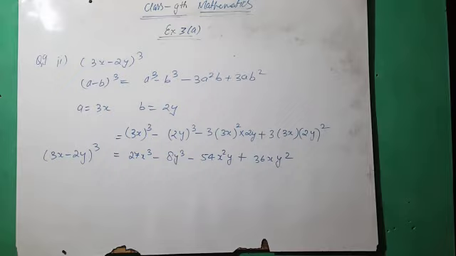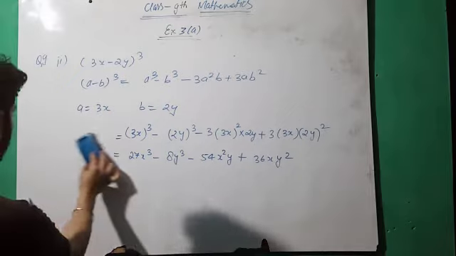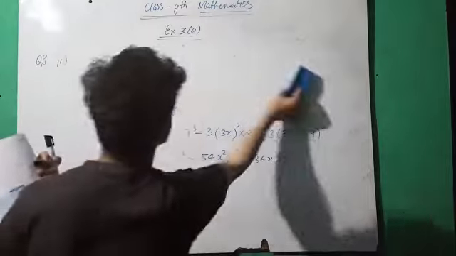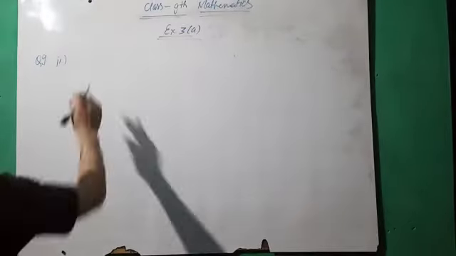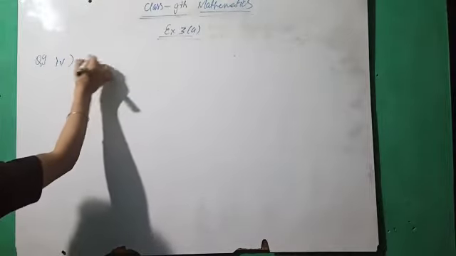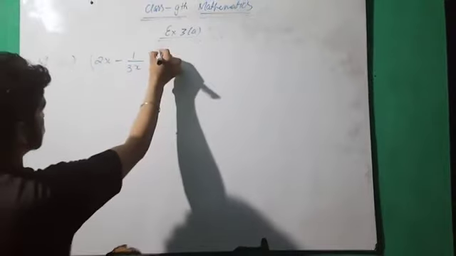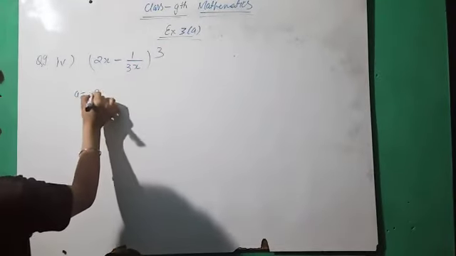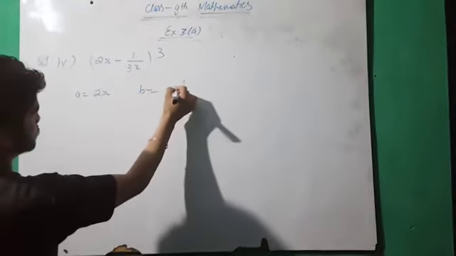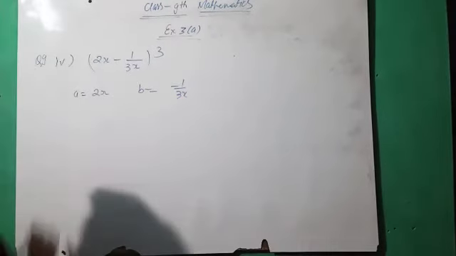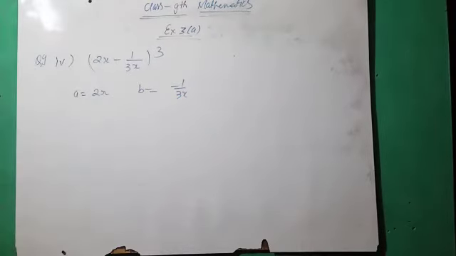Now fourth part. Third is your homework in your copy. Now fourth part again very simple. 2x minus 1 by 3x whole cube. Again we have a equal to 2x and b equal to 1 by 3x. We have to apply a minus b whole cube.